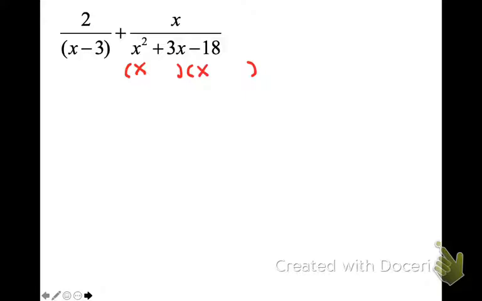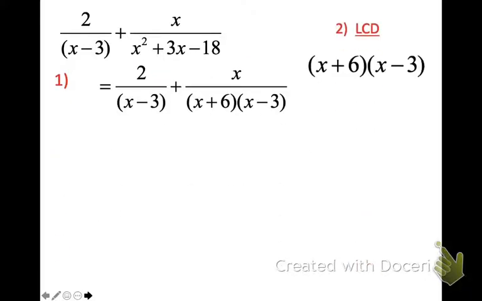What multiplies to negative 18 and adds to 3? And we wrote it off to the side, and so we see that the first fraction is missing the x plus 6. So we're going to end up multiplying the first fraction by x plus 6 over x plus 6.